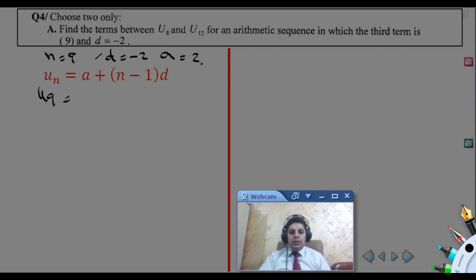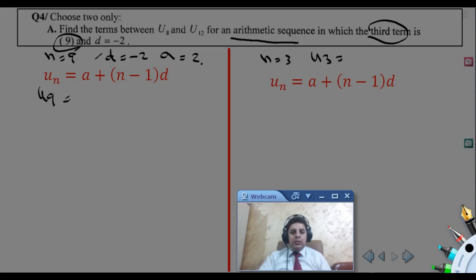We are going to find A by the same law, the general law, Un equals a plus n minus 1 times d. By using this given information, the third term equals 9, then n equals 3, U3 equals 9. The common difference is the same, -2, because that is the same sequence.